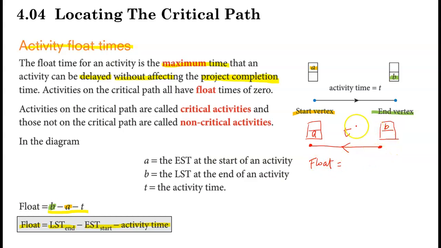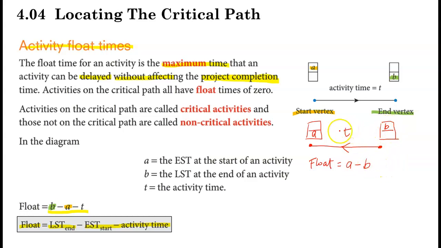So again, let's look at the activity. Right, this is the time involved for the activity. So I look for the end of the activity because the direction is going from right to left. So I look at the LST value for the end activity, which is A, and then I minus the start of the activity, the EST value.